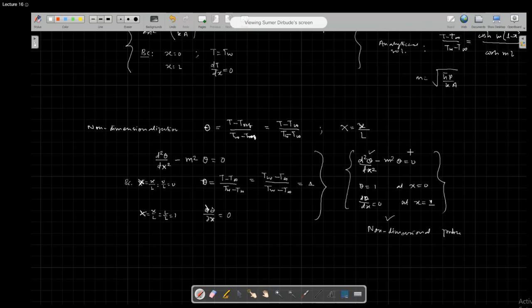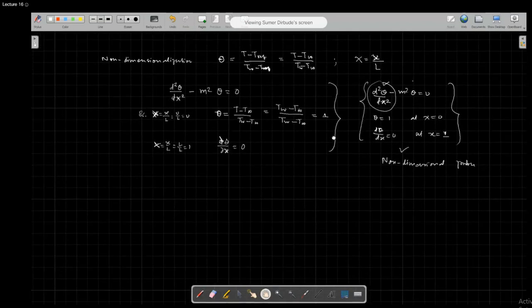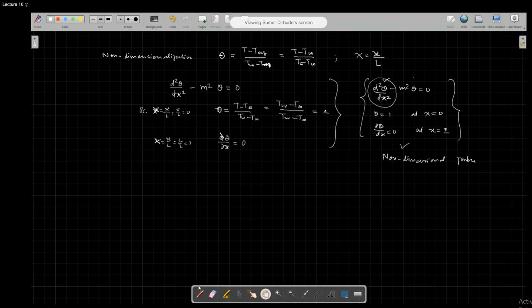You can apply any method for discretizing a second order ODE here, and you can get the solution. Any ODE method you can use. You know the ODE methods like Newton's method, Runge-Kutta method.